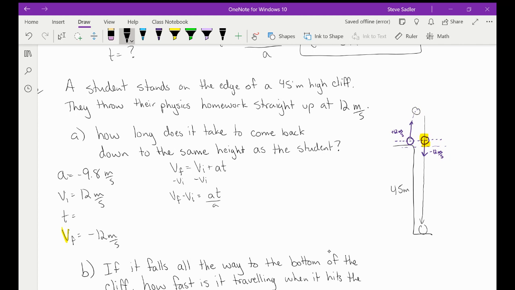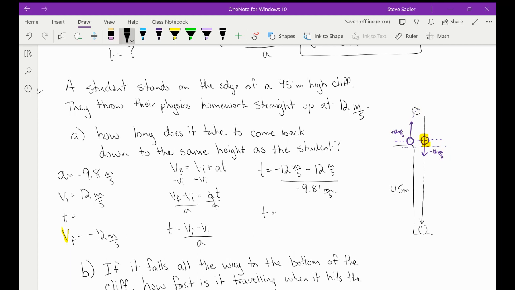And we'll divide by A from both sides, so that we have t is equal to Vf minus Vi over a, and we can just plug that in to be negative 12 meters per second minus 12 meters per second, all over negative 9.81 meters per second squared.